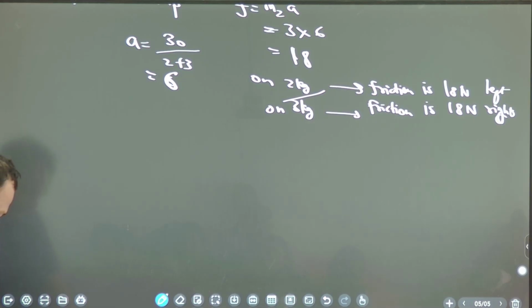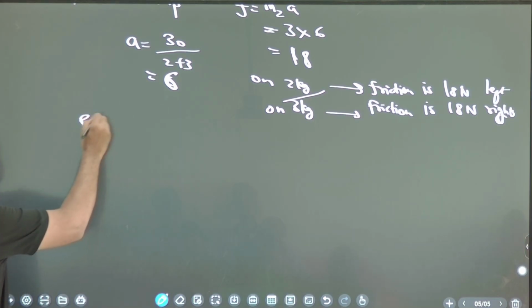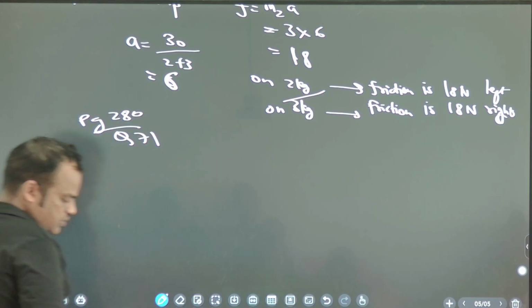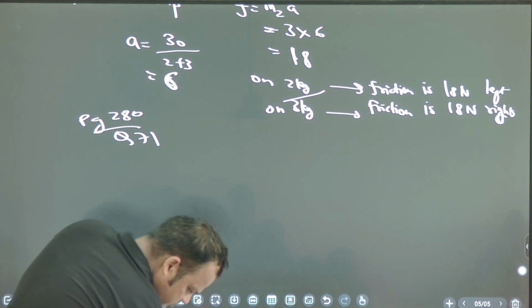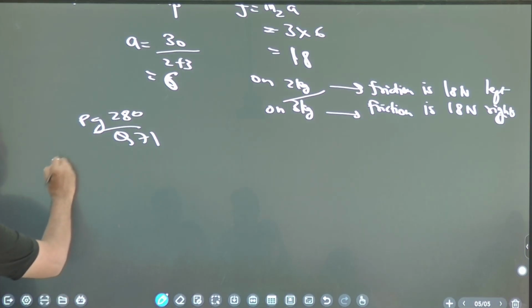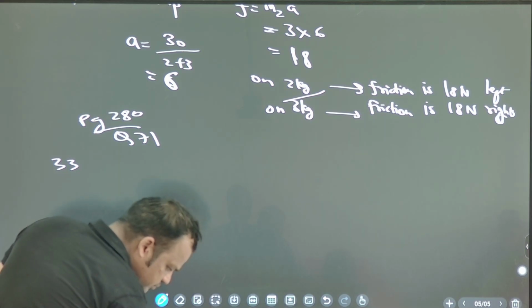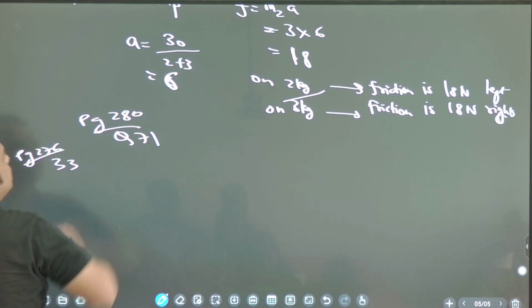Page 280, question 71. Solve. 33 also. Wait. Page 276, question 33. Page 280, question 71.